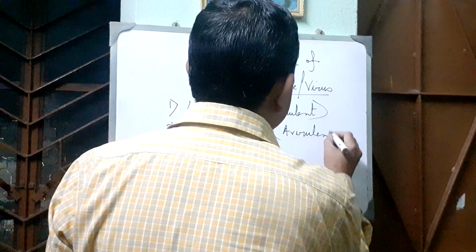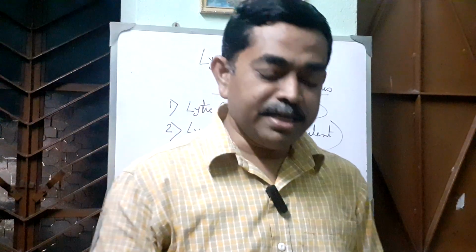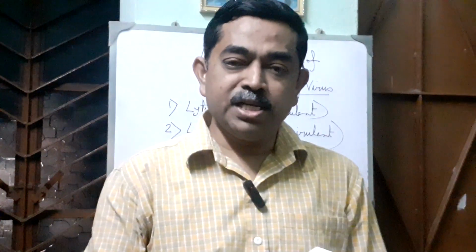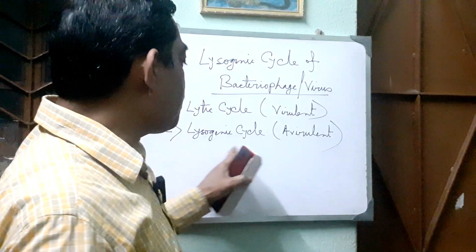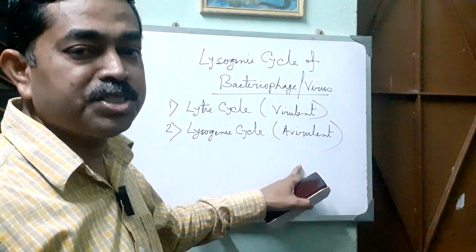Virulent means it is infectious, it will kill and lyse the bacterial cell, and in the lysogenic cycle, the bacteriophage or virus will not kill the bacterial cell.